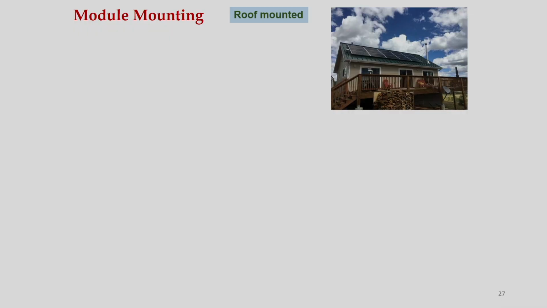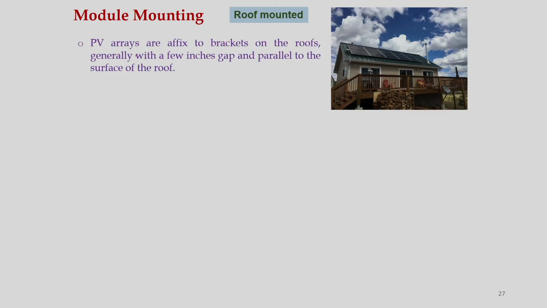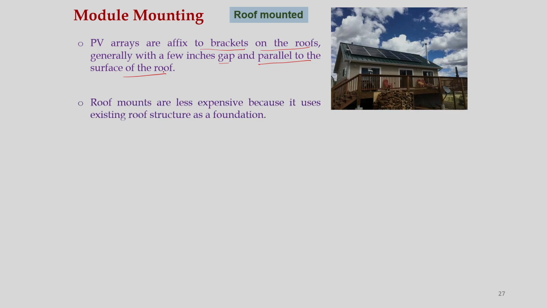So, in case of roof mounted, as you can see here, this is the modules and this is the roof, and parallel to this roof these modules are installed and there is a gap in between. Okay. So, these PV arrays are fixed to brackets on the roof, generally with a few inch gap and parallel to the surface of the roof, what you can see here.